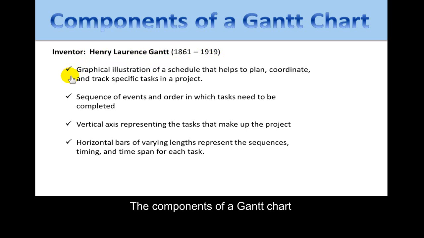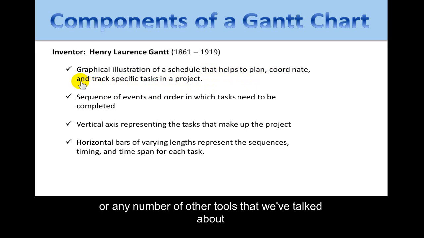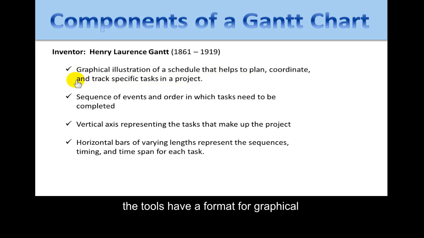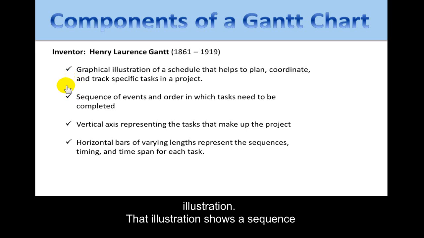So the components of a Gantt chart are a graphical illustration of a schedule that helps to plan, coordinate, and track specific tasks in a project. Just like a log frame or a work breakdown structure or any number of other tools that we've talked about, the tools have a format for graphical illustration.